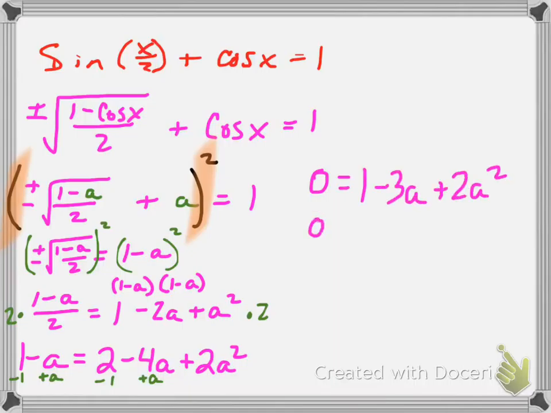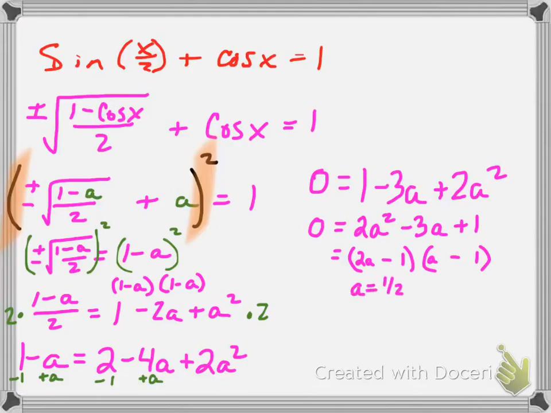And if I rewrite that in order, I have 2a squared minus 3a plus 1. Monkey method. We'll factor into 2a minus 1, a minus 1. Giving me answers for a of 1/2 and 1.